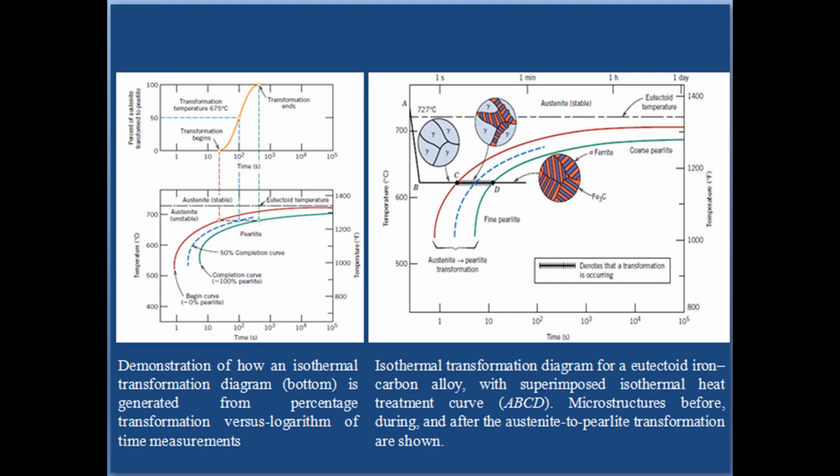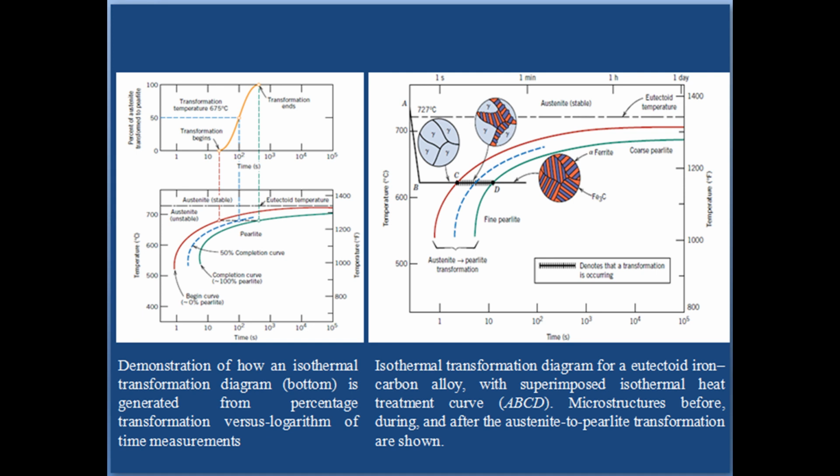Now we are going to discuss a demonstration of how an isothermal transformation diagram is generated from percentage transformation versus logarithm of time measurements. Also, we are going to discuss the isothermal transformation diagram for a eutectoid iron-carbon alloy with a superimposed isothermal heat treatment curve.